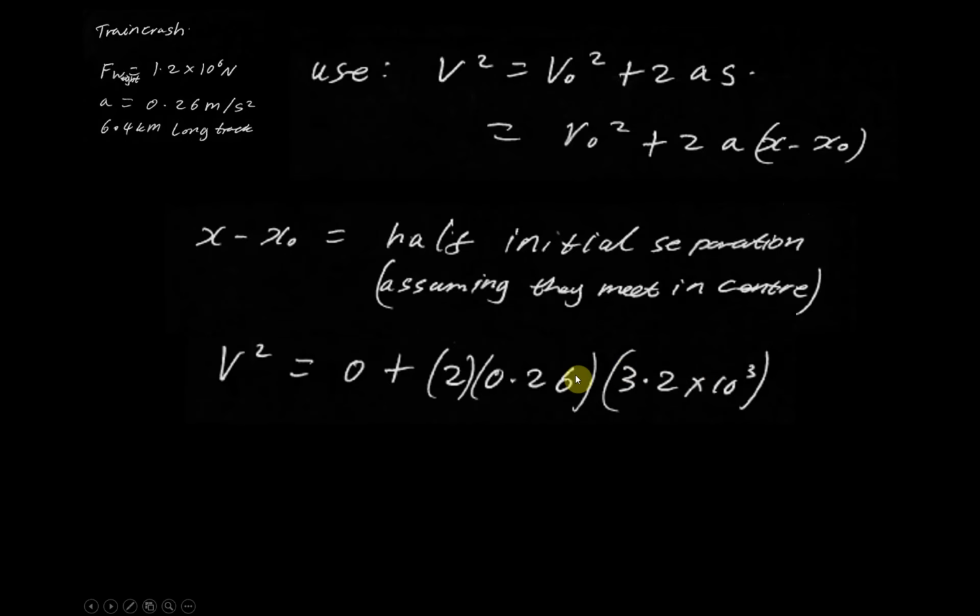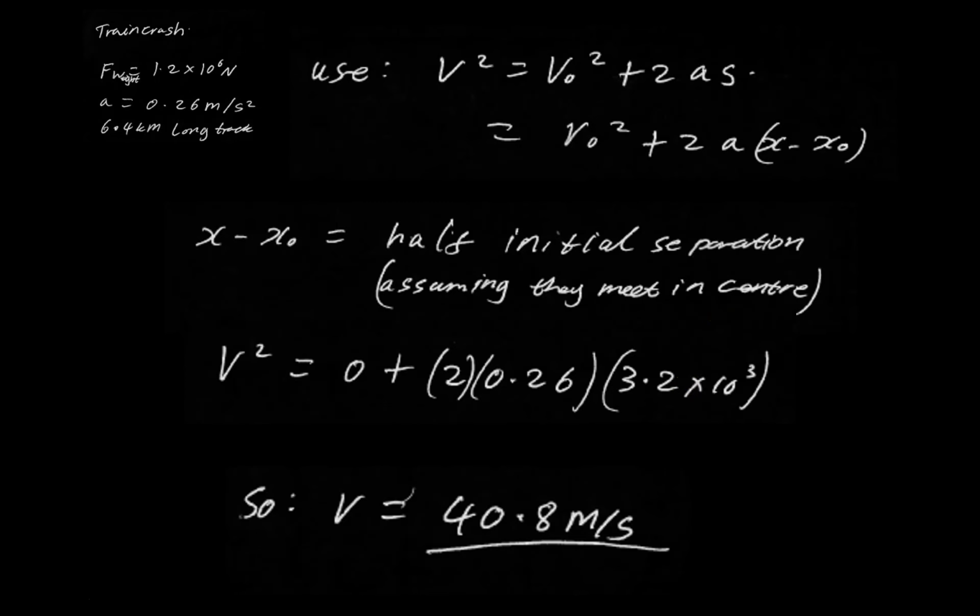We know the acceleration is 0.26. We're assuming they started from rest at the ends of their track. So this is going to be 2 by 0.26 by 3.2 times 10 to the 3. So our velocity, if we take this and root it, will wind up being about 41 meters per second.